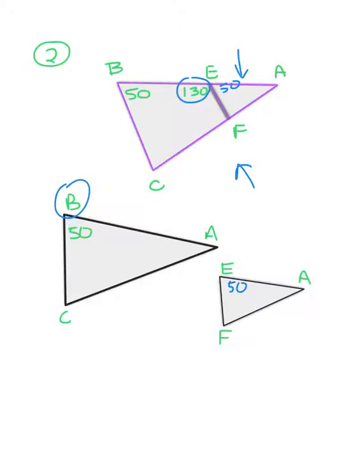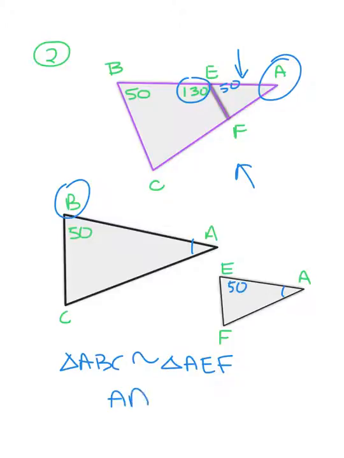Now the one thing about this triangle is because one triangle is kind of set in the other one, they have A is congruent to A by reflexive. So I don't know what the measure of angle A is, but I do know that that appears in both triangles. So I can actually say that triangle ABC is similar to triangle AEF, and that's by the angle-angle similarity postulate.